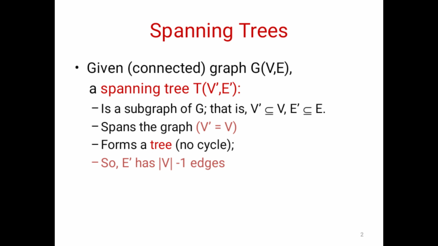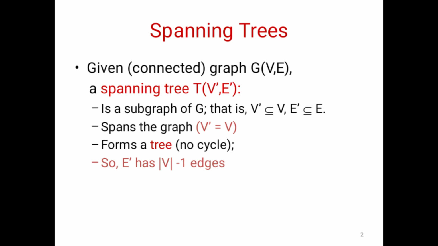A spanning tree of an undirected graph G is a subgraph that is a tree which includes all of the vertices of G. Now consider, for example, a given connected graph G(V, E).